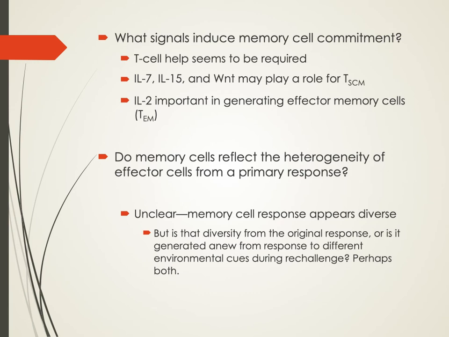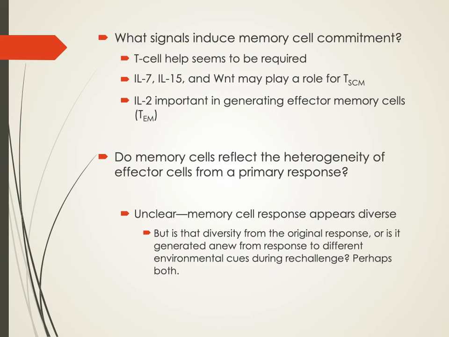So what induces memory cells? It seems like T cell help is required for that to happen, and IL-7, IL-15, and the Wnt pathway may play a critical role for the stem cell memory cells, and IL-2 seems important for generating the effector memory cells. Do memory cells reflect the heterogeneity of effector cells in the primary response?